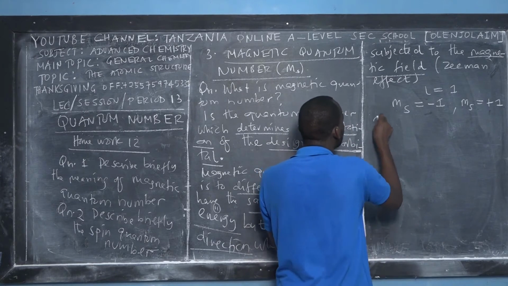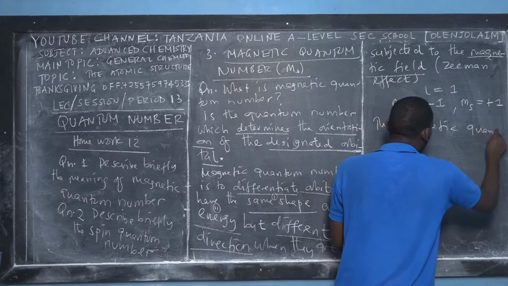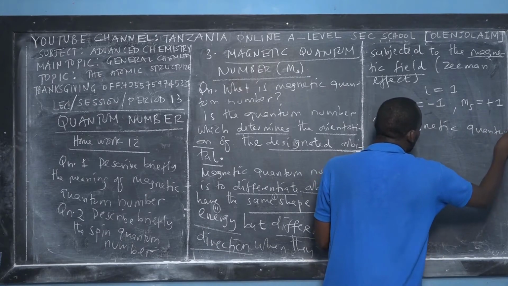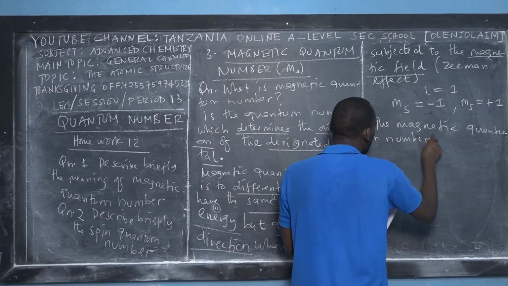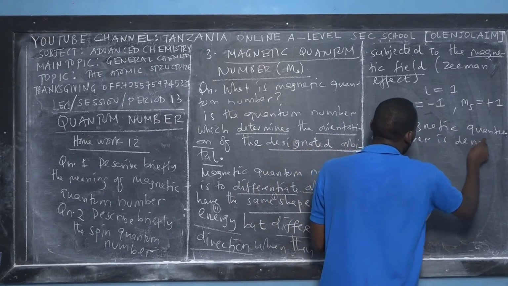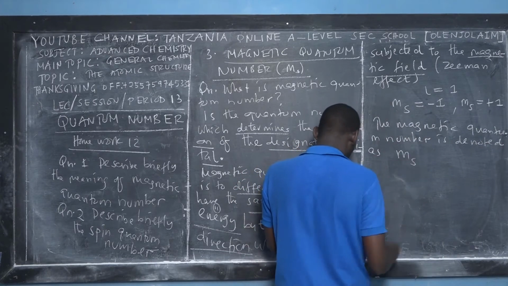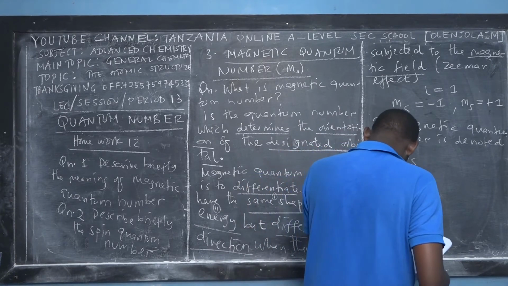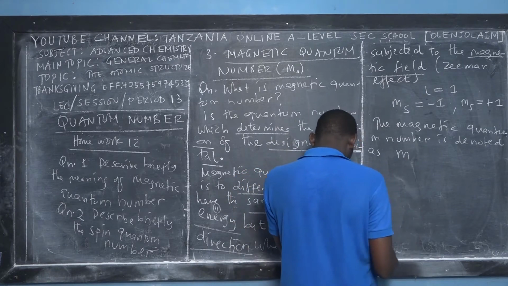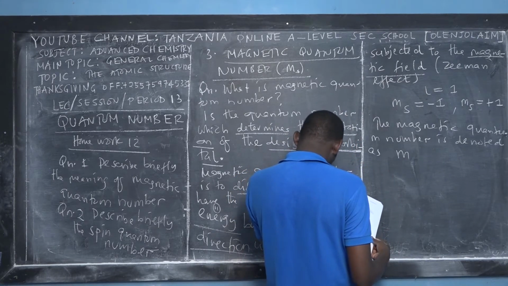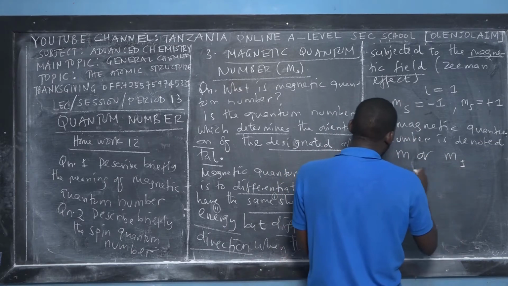So the magnetic quantum number is denoted as what? As lowercase m, or in some books we use m with a subscript of l.